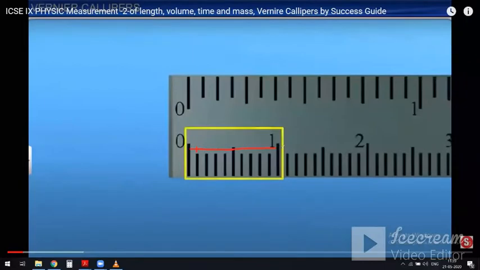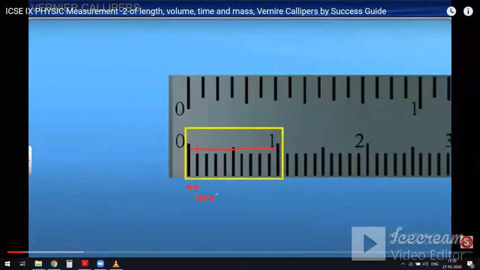So if this is total 1 centimeter, then the distance between the first two divisions will be nearly equal to 1 mm, or we can also say it is 0.1 centimeter.